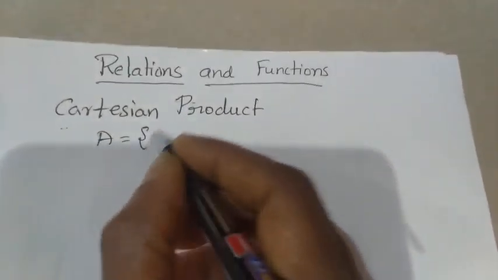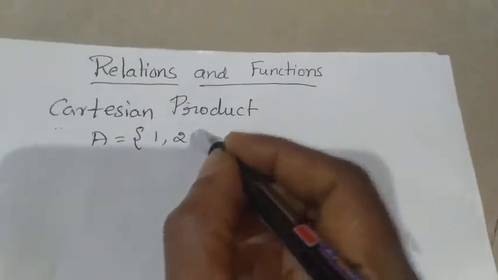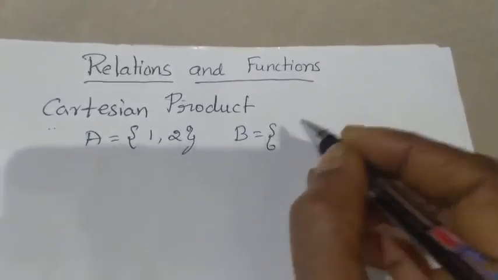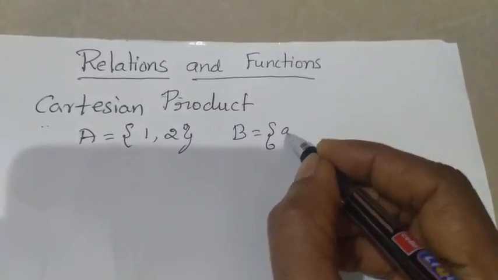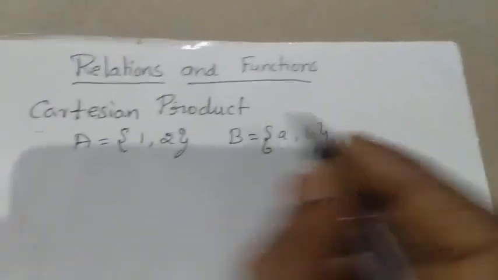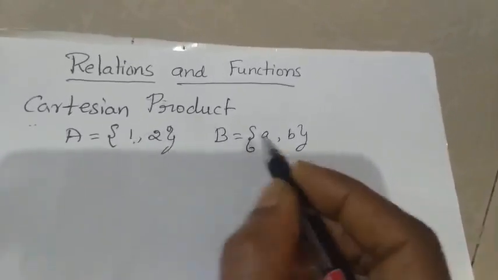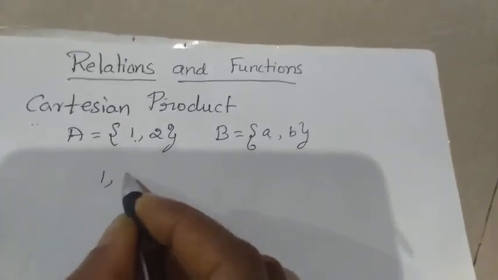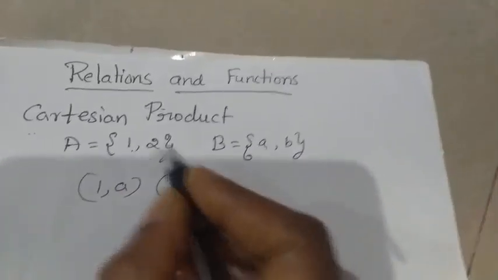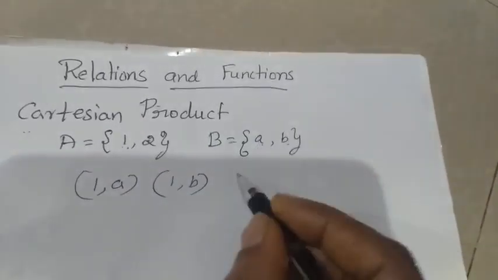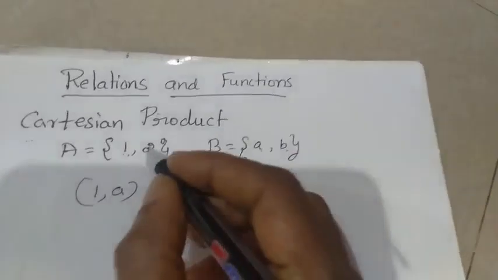A is equal to set A. It contains elements like this: 1, 2. Set B contains elements, say a, b. Now, let us pair the elements like this: 1, a; then 1, b; 2, a; 2, b.